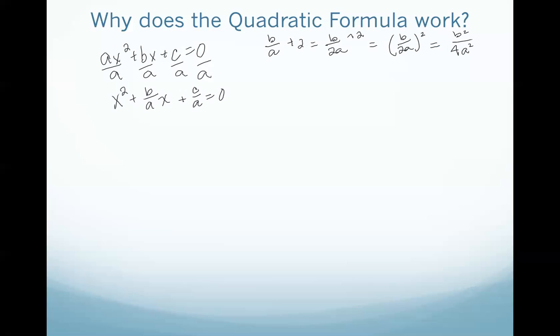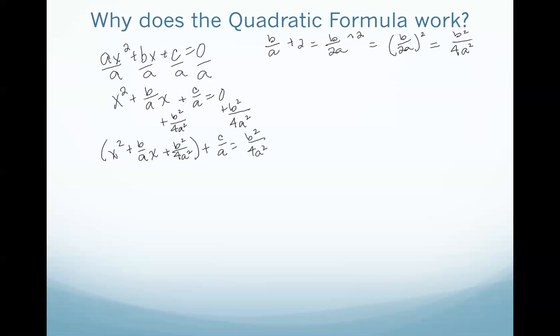So that's what I want to add to both sides here. b squared over 4a squared plus b squared over 4a squared. So now I have x squared plus b over a x plus b squared over 4a squared plus c over a equals b squared over 4a squared.